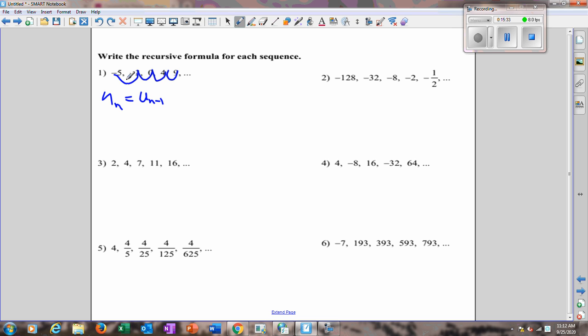Now if I'm looking at this, it went up 2, up 3, so this is going to be n plus 1.